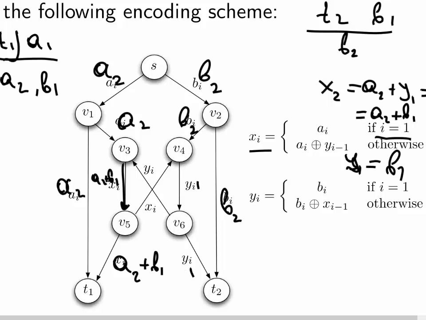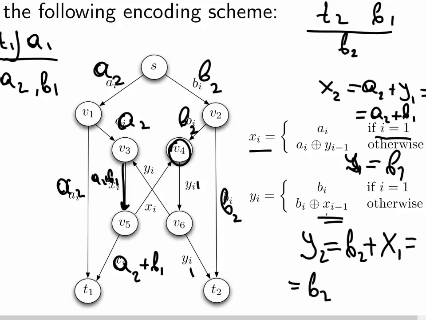So node V4 will be combining the packets, so the packet transmitted by node V4 will be equal to Y2, which is B2 plus what was sent in the previous round by X, right? So it will be X1. And now this will be equal to B2 plus A1, because in the previous round X1 was equal to A1.